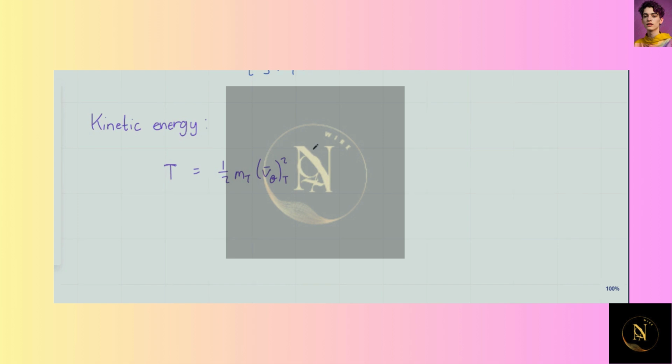It's a half m v squared, plus the contribution from the angular momentum, a half I_t omega squared, plus the contribution from the rod, which is a half times the mass of the rod times v theta squared, plus a half m_r Vr squared. So for each component of the rod, plus a half times the angular momentum contribution I_r omega squared.